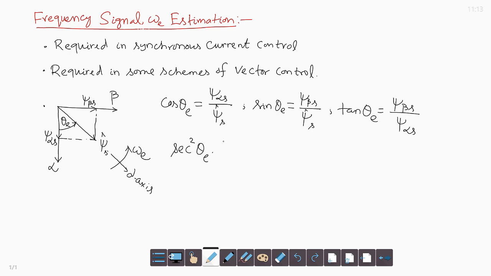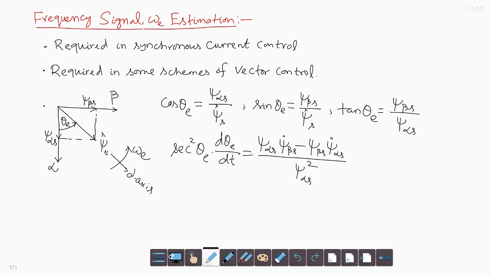Now, differentiating the last expression with respect to time, we have sec square theta e d theta e by dt equals psi alpha s into psi beta s dot minus psi beta s into psi alpha s dot divided by psi alpha s square.